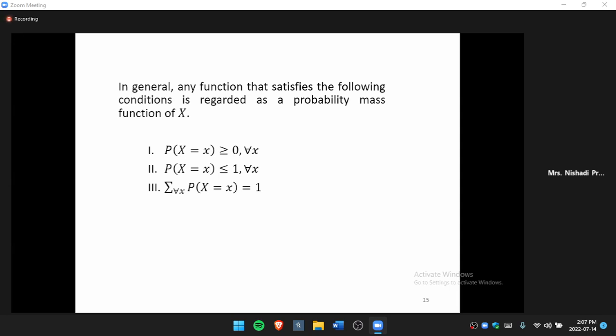In general, any function that satisfies the following conditions is regarded as a probability mass function of x. You need to check these three properties. If all three are satisfied by the function, then it's a probability mass function of a discrete random variable x. Is that clear, guys?